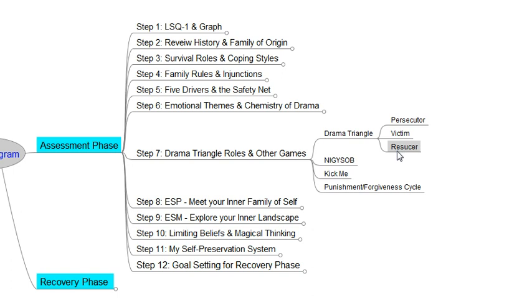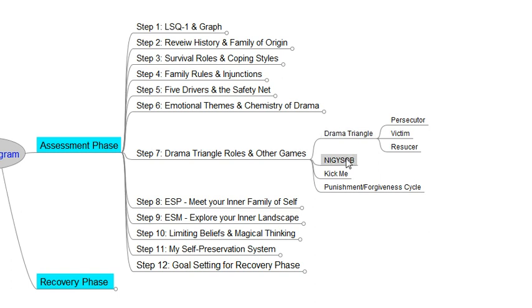Now, typically in families, people gravitate toward one of these roles, but the drama comes in when there's a switch. Maybe the persecutor starts getting persecuted by the rescuer, who gets rescued by the victim for being persecuted. That's when the drama can really get bad.